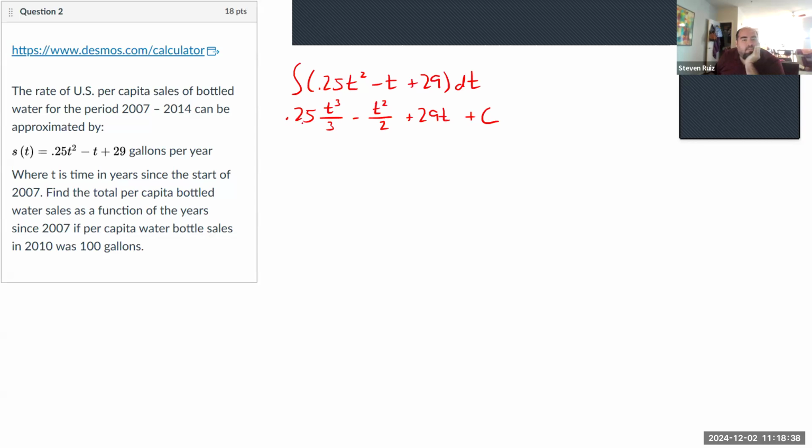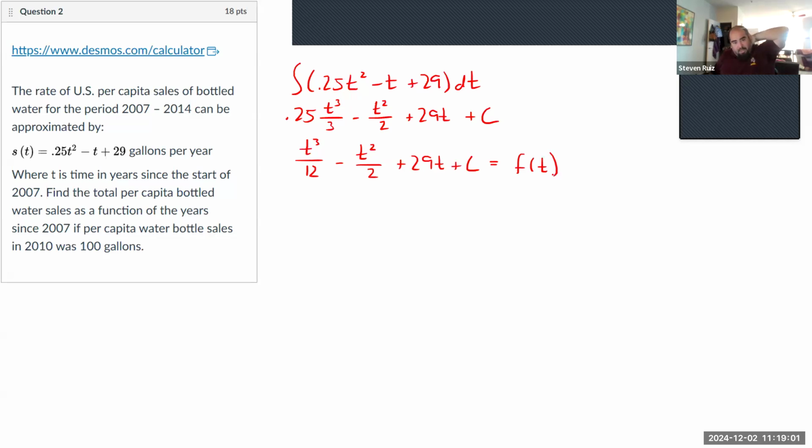So 0.25 is the same as a fourth, 1/4 times a third. So this gives me t cubed over 12 minus t squared over 2 plus 29t plus C. I'll call that f of t.